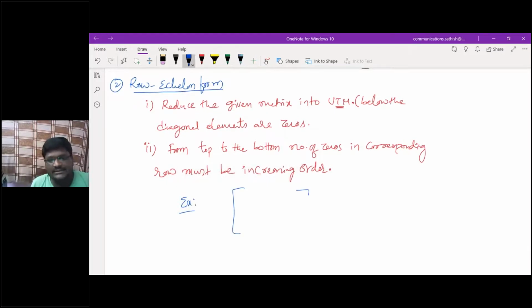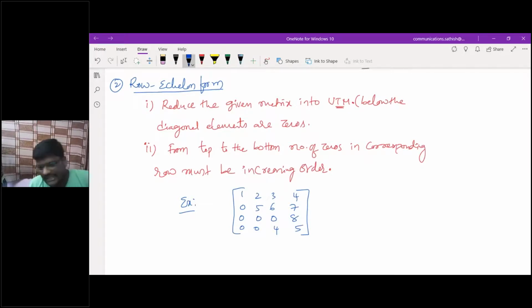Take a matrix: 1, 2, 3, 4; 0, 5, 6, 7; 0, 0, 0, 8; then 0, 0, 4, 5. Is it a proper way of row echelon form?